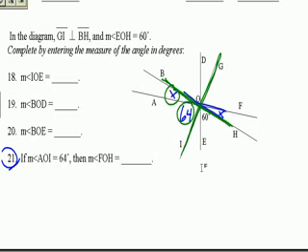If these green lines are perpendicular, they add up to 90 degrees. That's probably the easiest way to come up with the answer. So we'll say 90 minus 64 is going to be 26, and that'll be the measure of angle FOH.